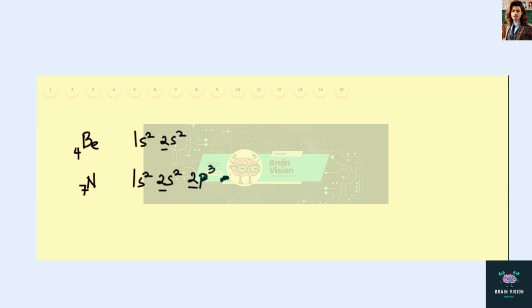But there is a difference in the effective nuclear charge that will be felt by the electrons in these shells. For nitrogen, we have 7 protons in the nucleus. If you draw a schematic representation of the atom, you have the nucleus that contains the protons and neutrons.